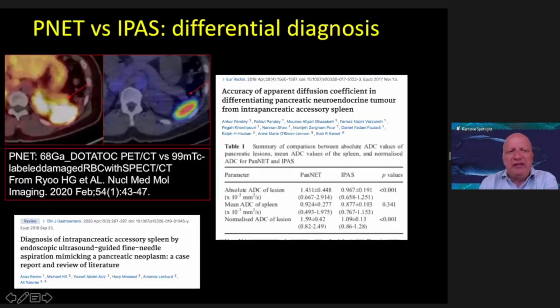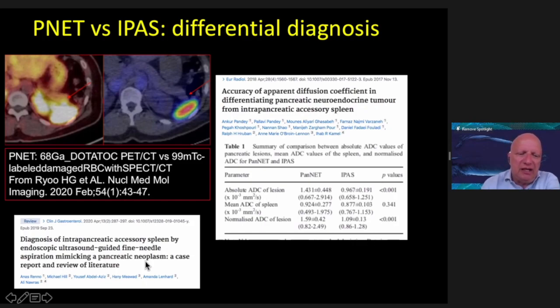It is important to make a differential diagnosis and remember always, PNET can be seen with the Dotatate PET CT. On the contrary, this was a PNET and well visible at Dotatate, but not visible with the labeled red cell scintigraphy, which is an imaging technique we can use to make a diagnosis of intrapancreatic spleen.